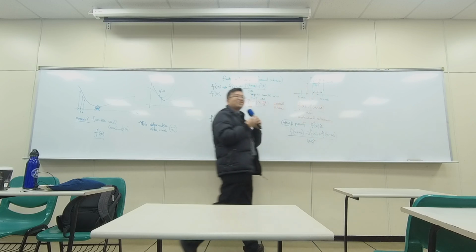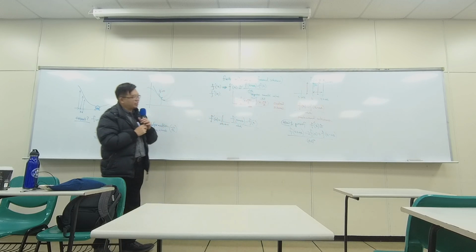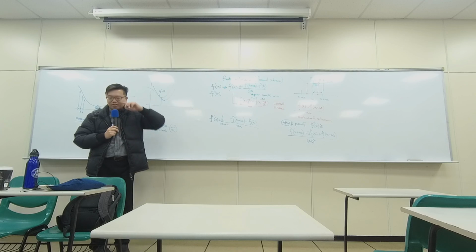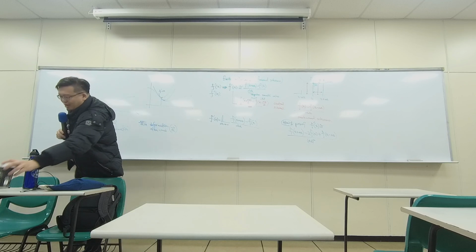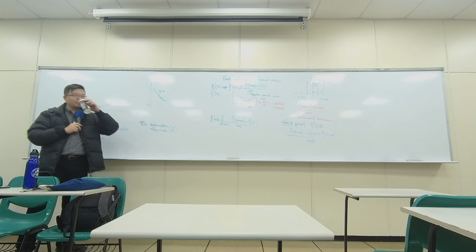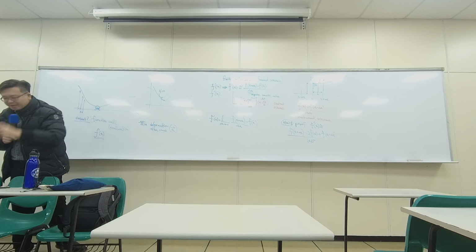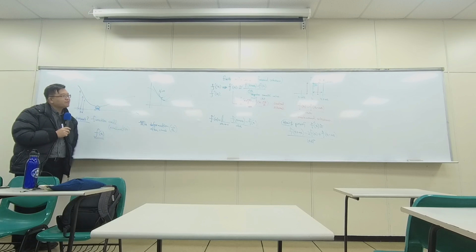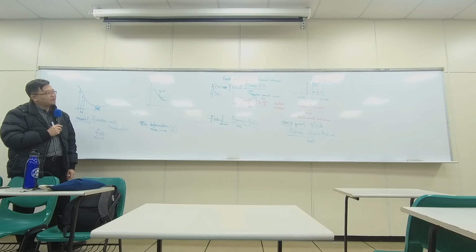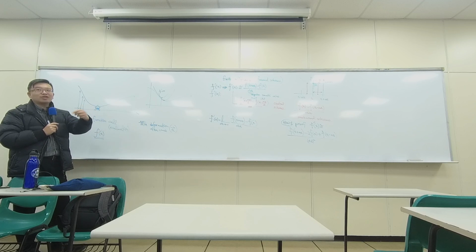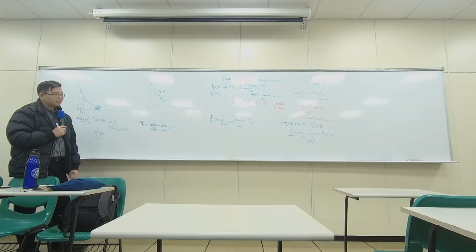Okay, homework. It's very easy. You can go back to check your calculus book. You can find it. So that's your first homework. You can write down your homework and then hand in next time.